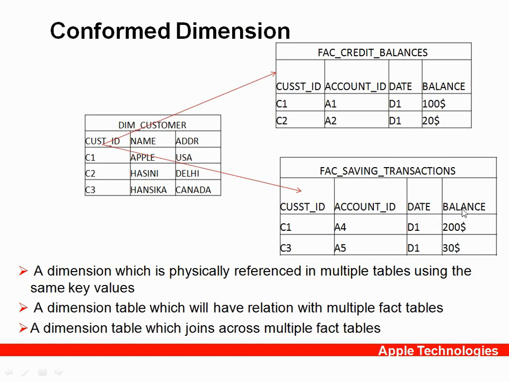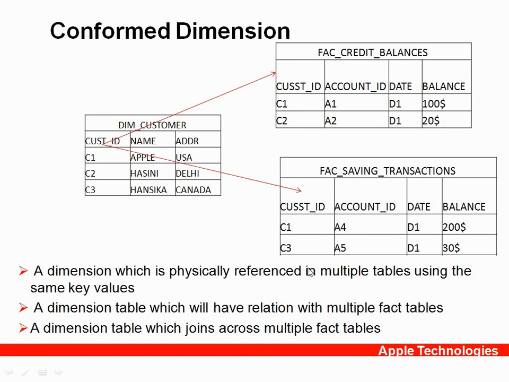One customer may have a credit card and also a savings account. Some customers may have only a credit card, some only a deposit savings account. In this example, customer C1 has a credit card and also a deposit savings account, but C2 has only a credit card, and C3 has only a savings account.